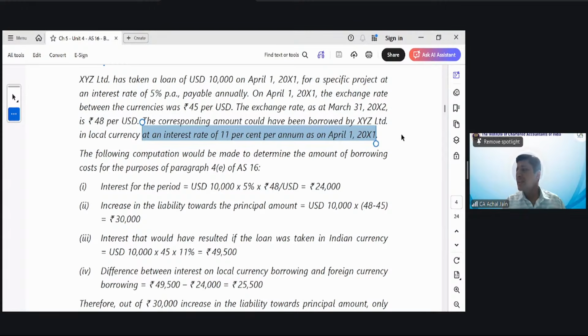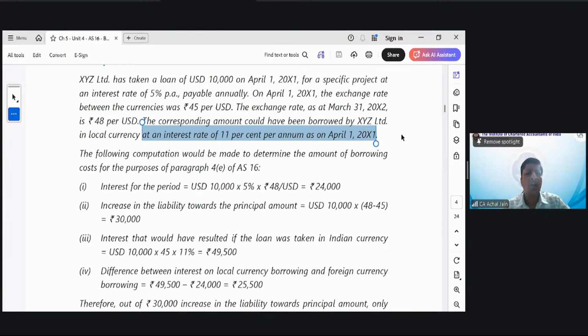Now, what does it mean? It says that if the company would have taken this loan in INR, currently the loan is taken in USD. If the loan would have been taken by the company in INR, then instead of paying 5% per annum, company would have been paying 11% per annum.